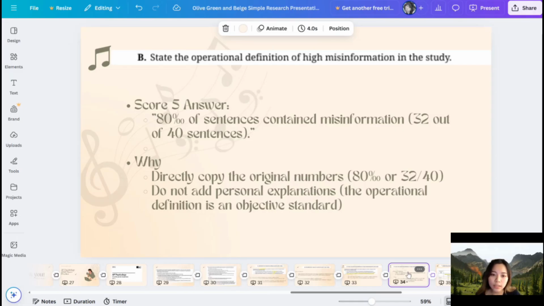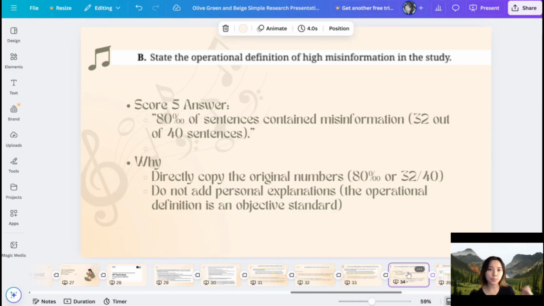You need to directly copy the original number, like 80% or 32 out of 40, and do not add personal explanation. The operational definition is an objective standard. The author will really obviously list it in the text. Maybe some students may ask, this is a really short sentence, how can I make sure that I get a 5 rather than writing a super long paragraph?